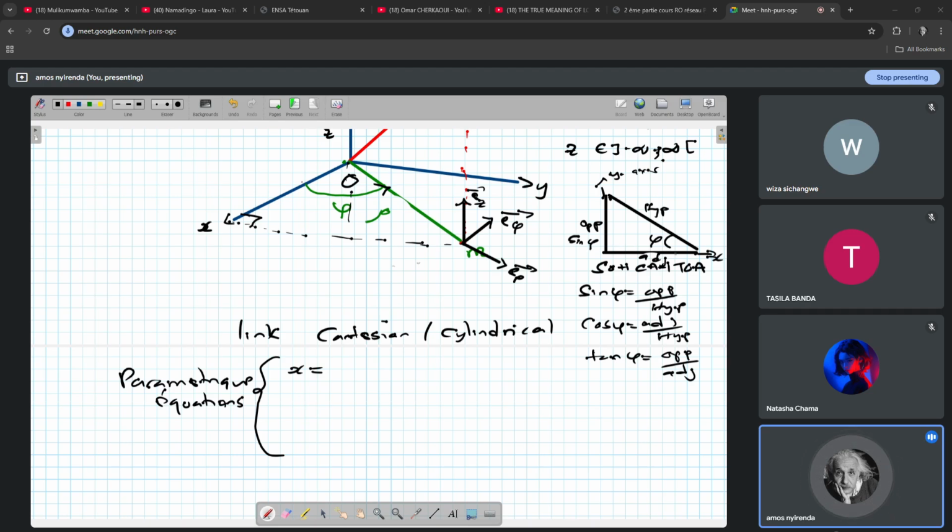And then the adjacent side is always going to carry cosine. So this side is going to carry sine, and this side, the adjacent, is going to carry cosine.